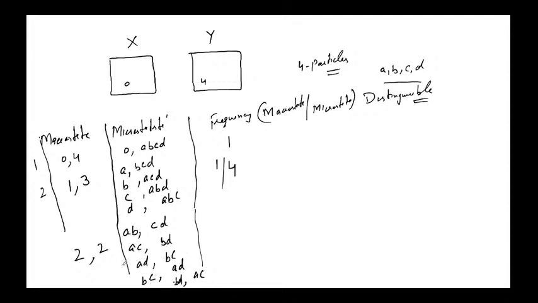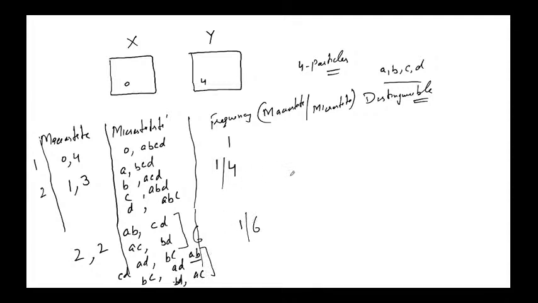Similarly, CD can go in this, AB can go in this. So there are a large number of microstates which exist. The total number of microstates is 6, while the frequency for this case is of the order of 1 by 6.